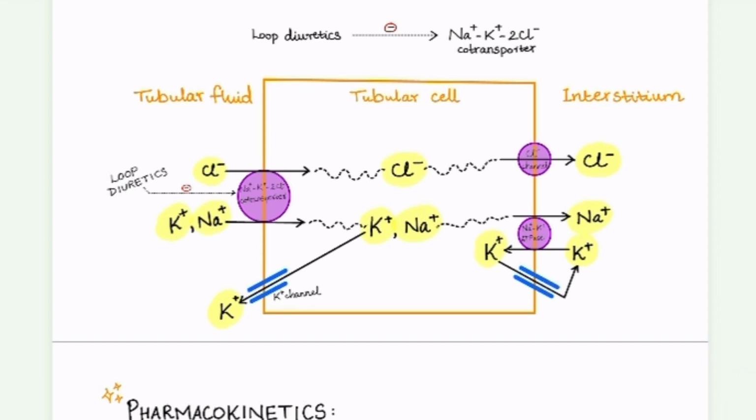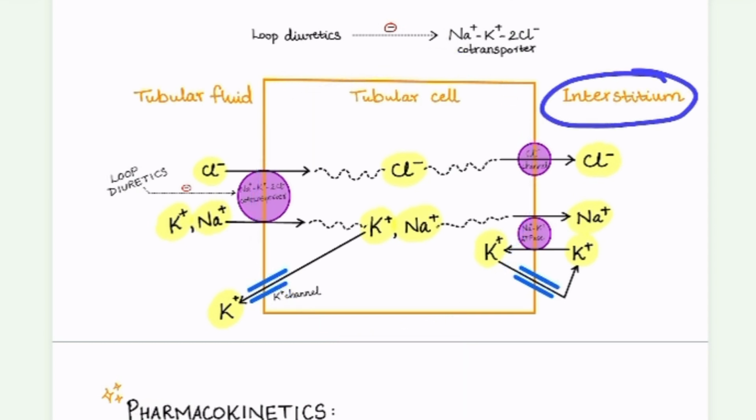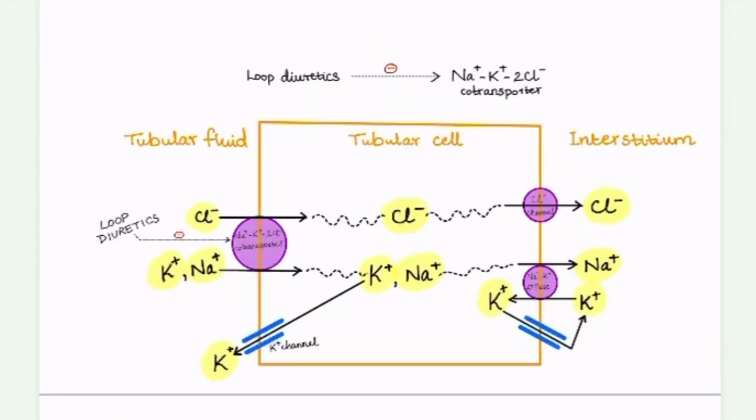So here we have the lumen of the kidney tubule where we have the tubular fluid. This is the tubular cell and this is the interstitium. So at the luminal side, we have the sodium-potassium-2-chloride cotransporter, which transports one sodium ion, one potassium ion, and two chloride ions into the tubular cell.